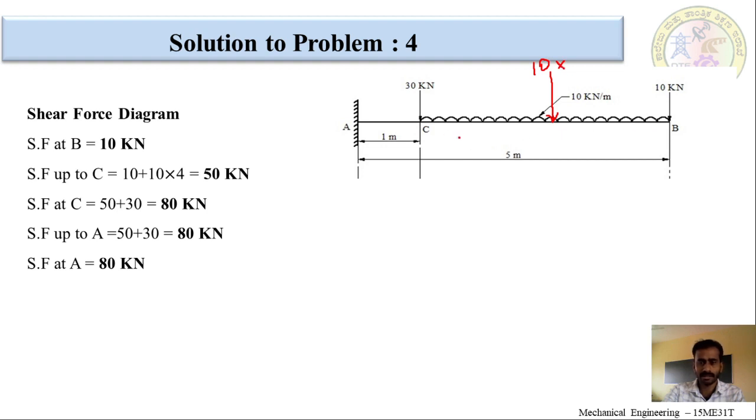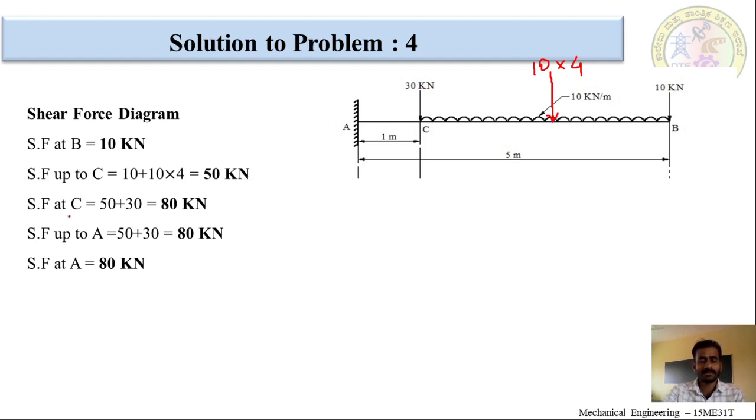The complete length of the UDL is 5 minus 1, 4 meters. So, 10 into 4. So, we have two loads up to C, that is one is 10 kilonewton at B and a UDL which is replaced by an equivalent point load, that is 10 into 4. So, 10 plus 10 into 4 is equal to 50 kilonewtons. So, this is the shear force value up to C.